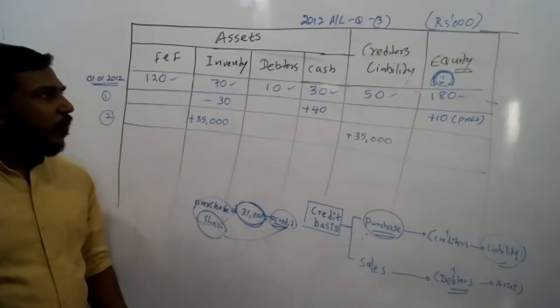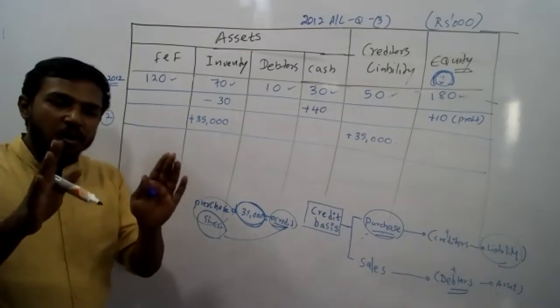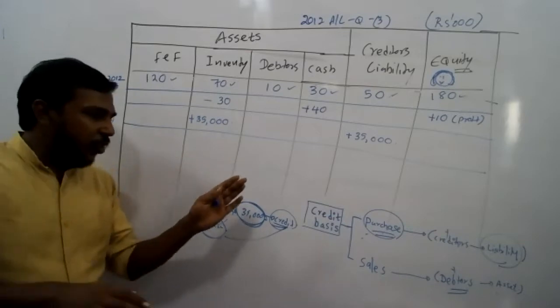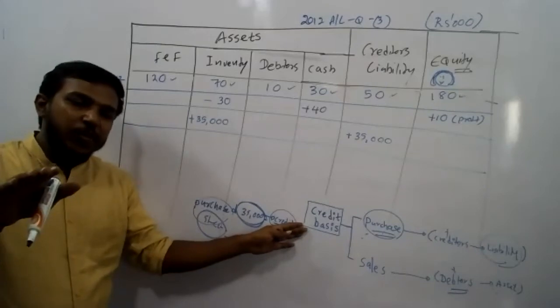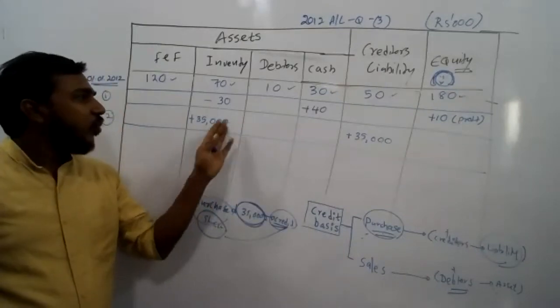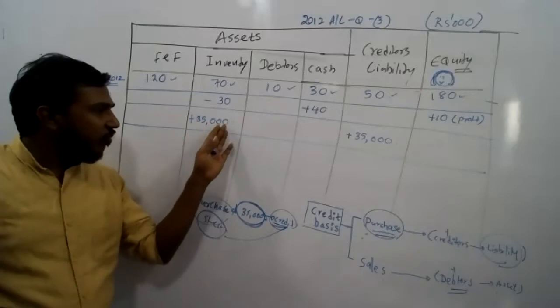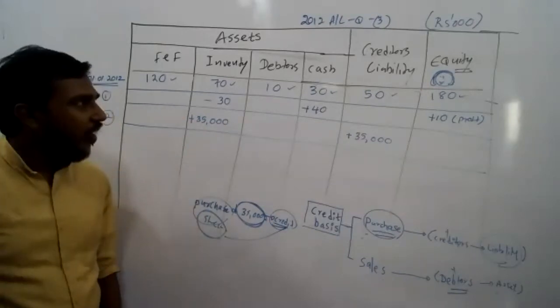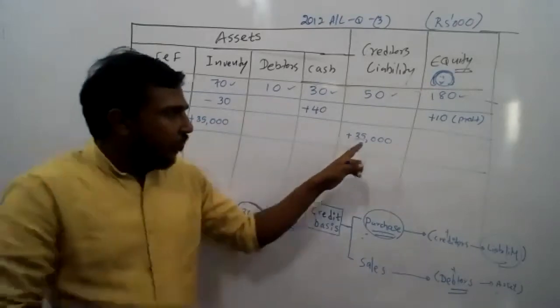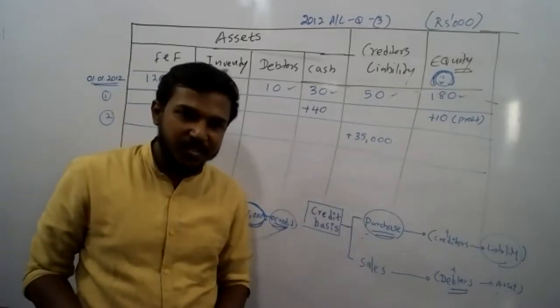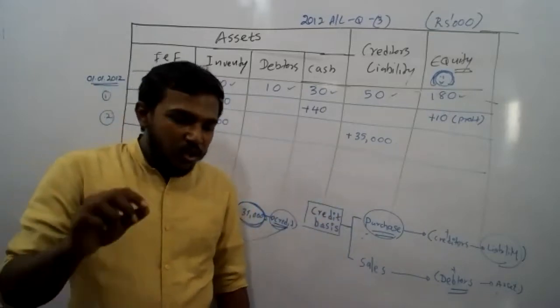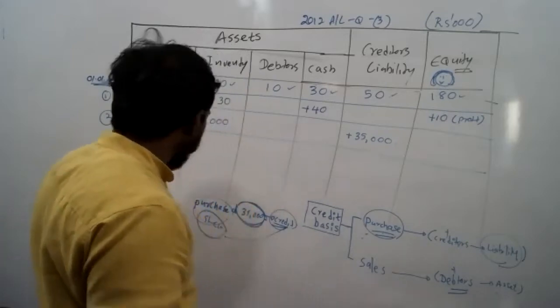Doesn't matter whether it's cash basis or credit basis, once you purchase it you are entitled to the stock. So inventory would be increased by 35,000. Then the creditors liability would be increased by 35,000 because it's on credit basis, right? So then see the next one.